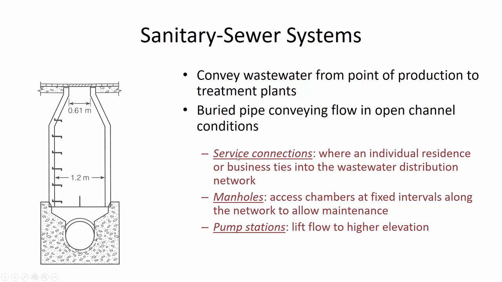Service connections are the small lateral lines that connect homes and businesses to the larger main lines. Often it's a matter of policy or local code that service connections are owned by the homeowner. So it's not necessarily the sewer company or the city that owns the pipe that goes to your house.